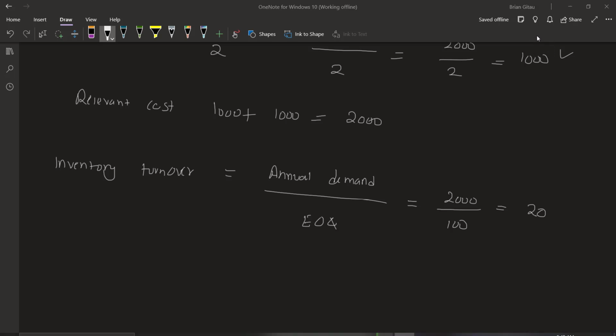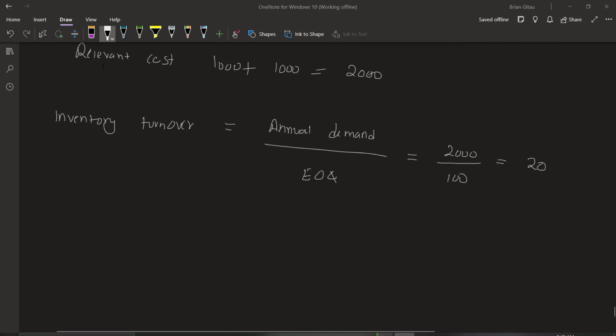Now that marks the end of our example on the EOQ model. But before we proceed, we have some assumptions when using the EOQ model. What are some of the assumptions?